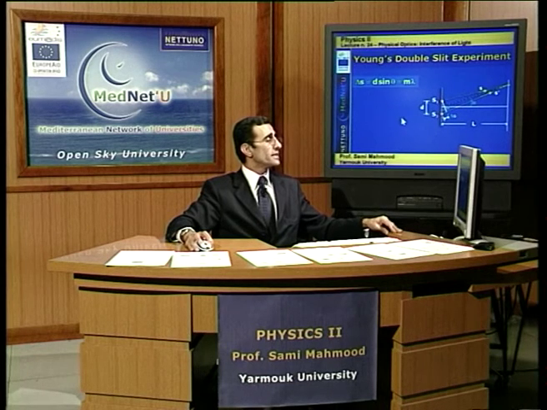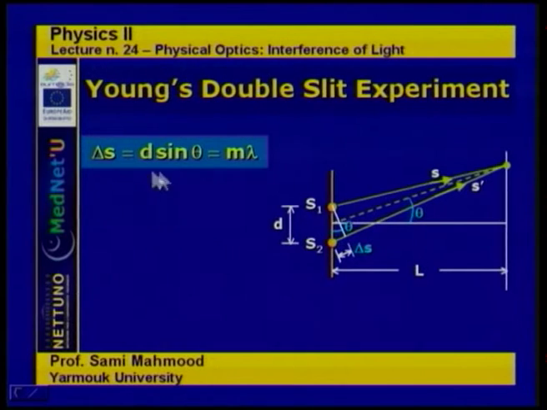And in this case, if we look at the geometry of the experiment, the difference in optical path, delta S, is simply equal to d, the distance between the two slits, times sine theta. Theta is the angle made by the ray going to this point and the axis perpendicular to the line between the two slits.